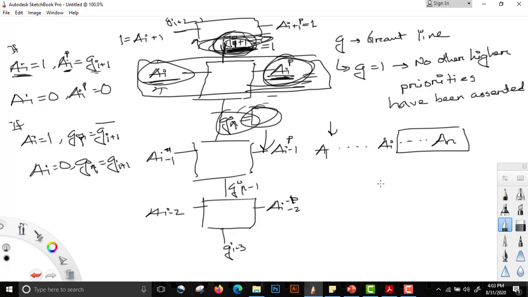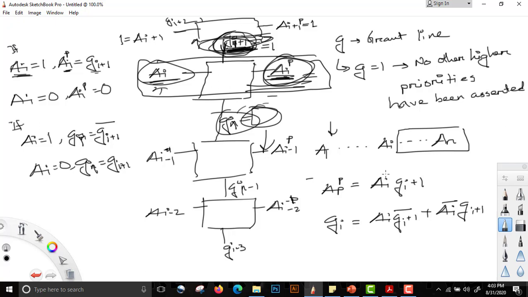So inside the logic block, what will we have? We'll have two inputs. The logic of Aip would be Ai Gi plus 1. If Ai is 0, then the output is 0. And the logic of Gi would be Ai Gi plus 1 bar, plus Ai bar Gi plus 1.